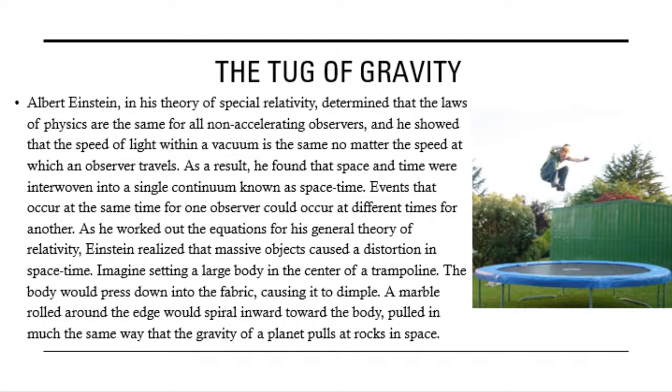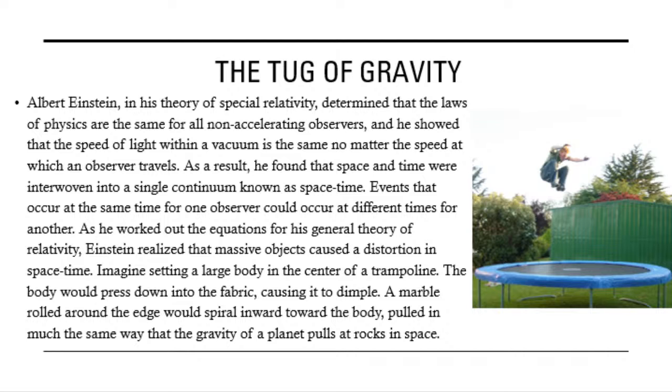As he worked out the equations for the general theory of relativity, Einstein realized that massive objects cause a distortion in spacetime, like I said in the introduction. Imagine you put a large body in the center of a trampoline.